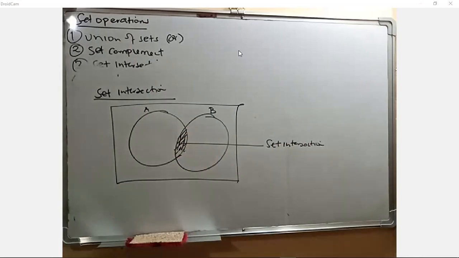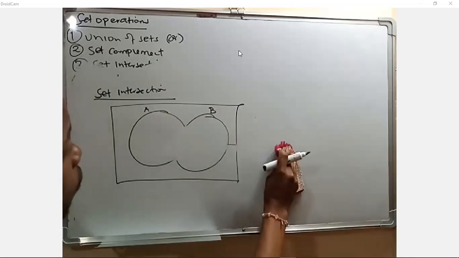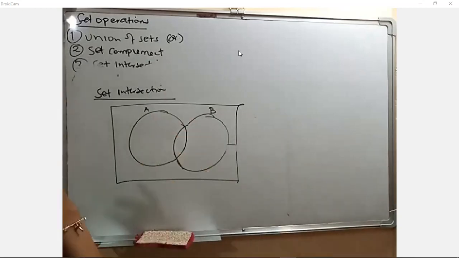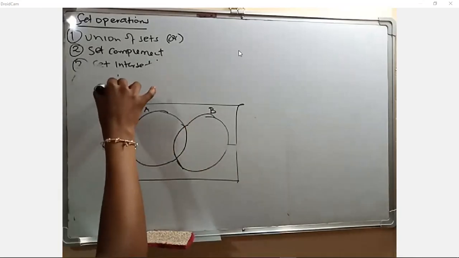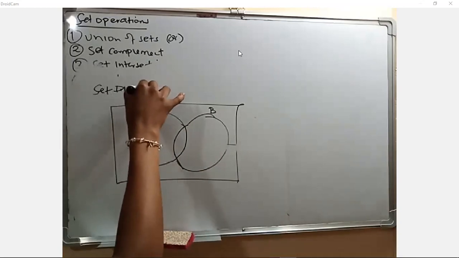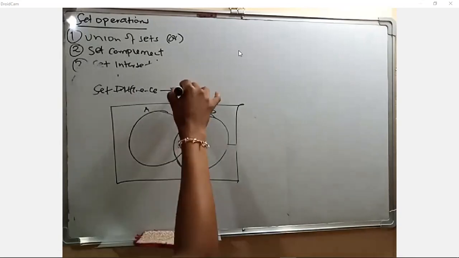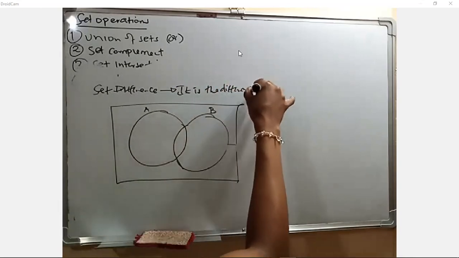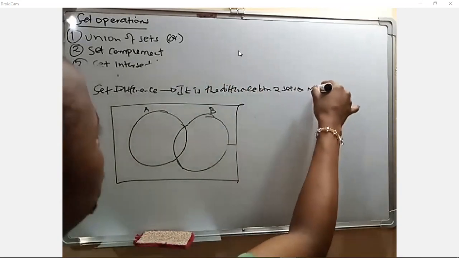Now, after that, we look at the set difference. It normally looks like this. The set difference is what belongs to you only. It is the difference between two or more sets.